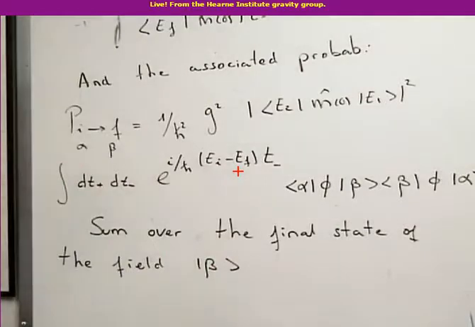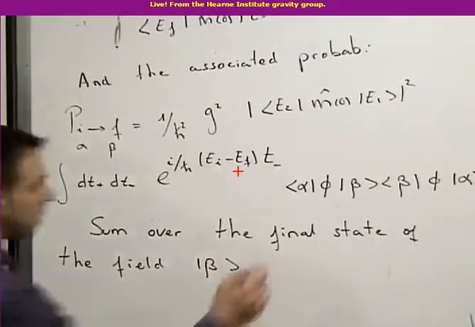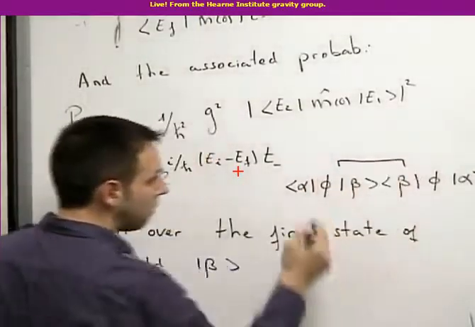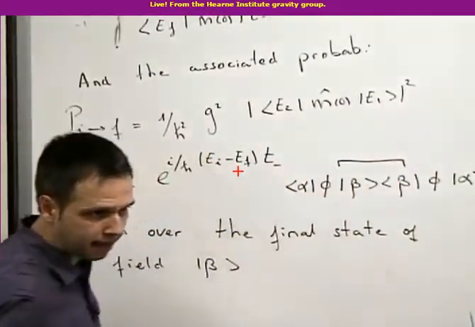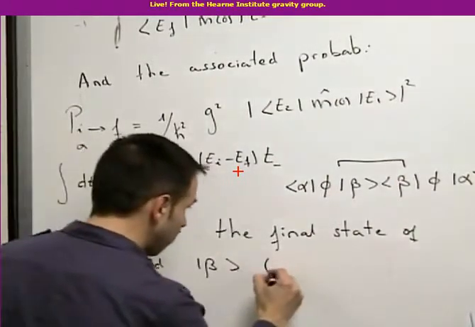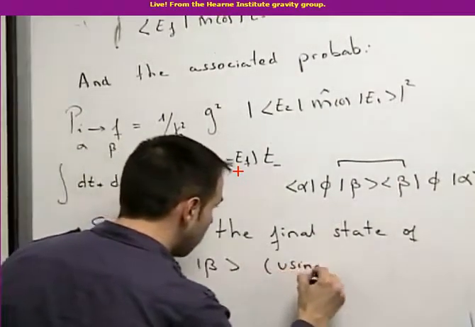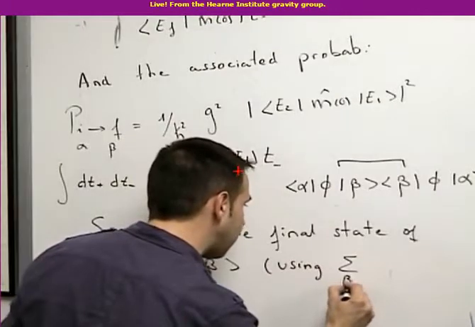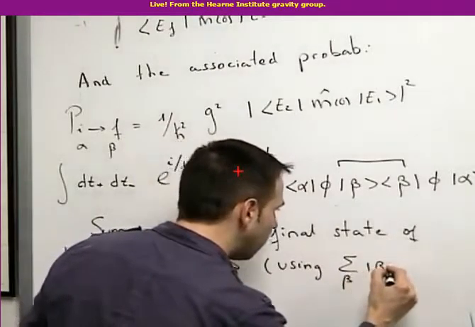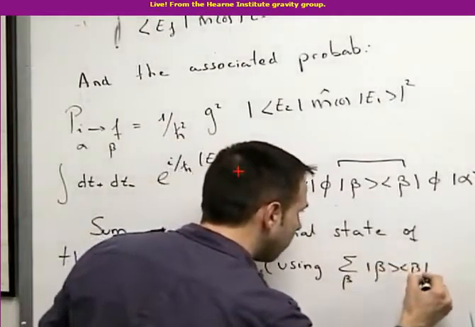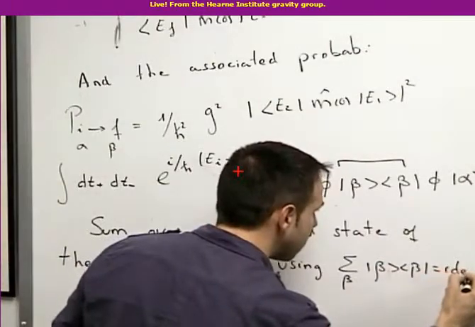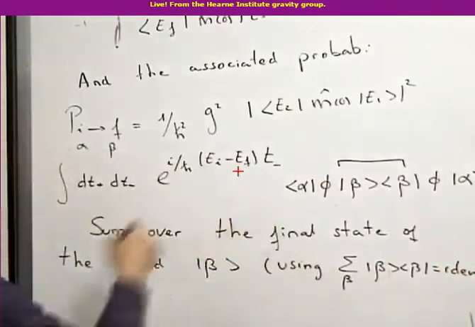Then what do you think is going to happen? This time the sum over all beta is just the identity in the Hilbert space. Using that the sum over all states in the Hilbert space of this is the identity, you get the 2-point function.